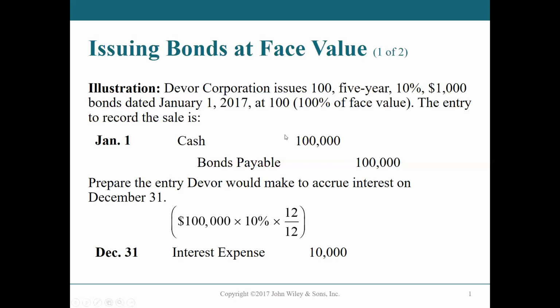Our interest expense is going to be $10,000 per year: the face value, the principal, times the rate, times the amount of time. For 1 year, we'll have $10,000 worth of interest. So at December 31st, we would record an interest expense of $10,000 and an interest payable of $10,000.